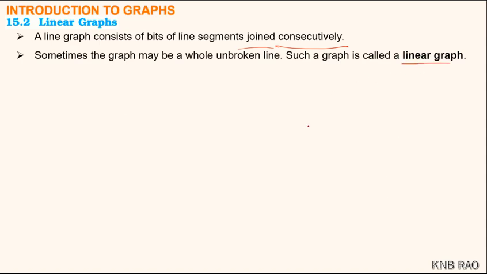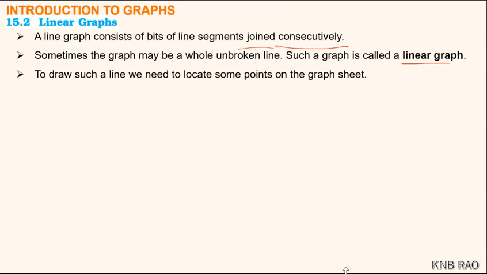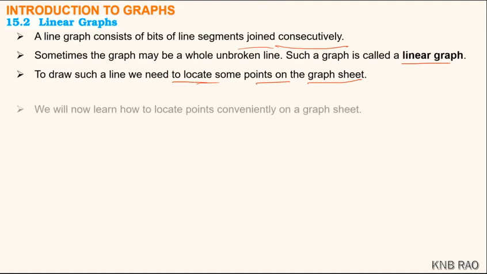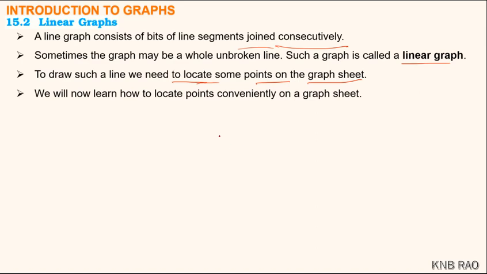Okay, unbroken. I have shown number of women with unbroken line. These are linear graphs. Then to draw such line, we need to locate some points. Very important, we need to locate some points on the graph sheet. So now we have to learn how to locate a point on graph sheets. We will learn how to locate points conveniently on graph sheets. Okay.